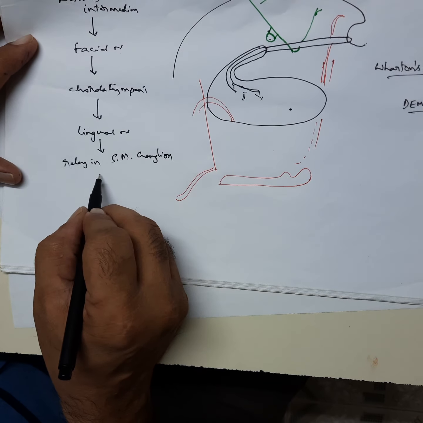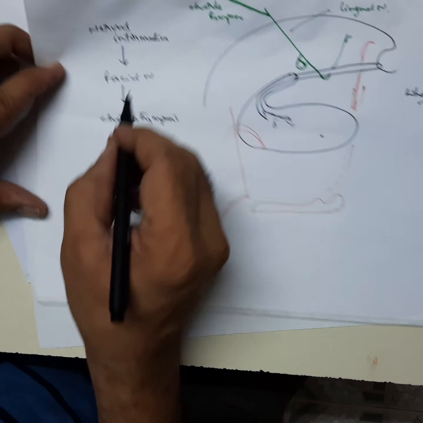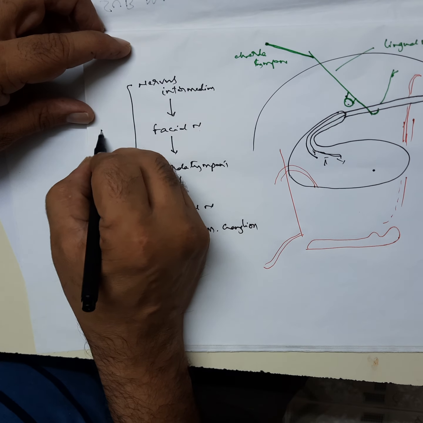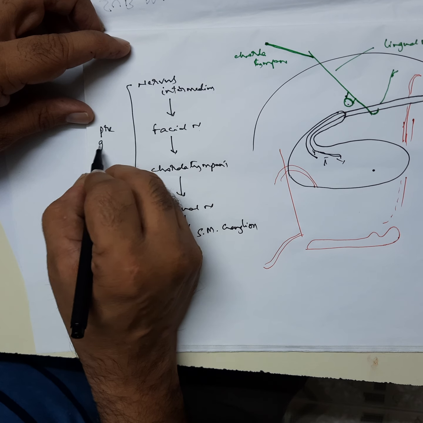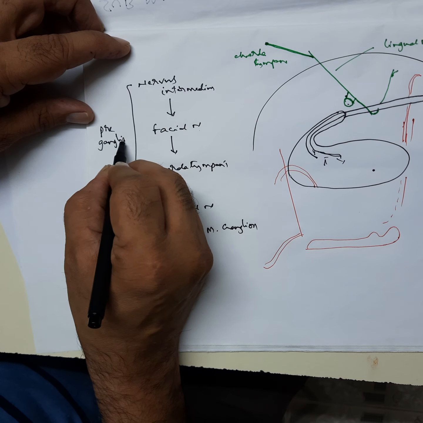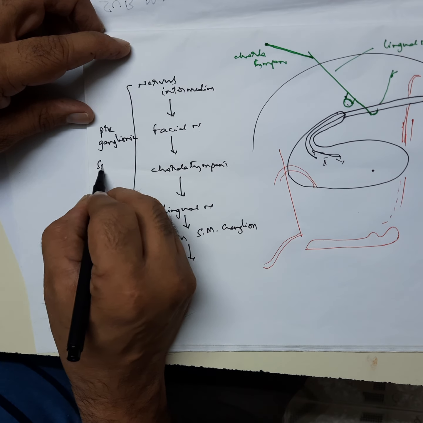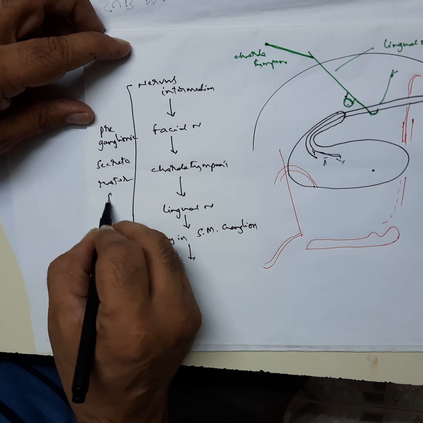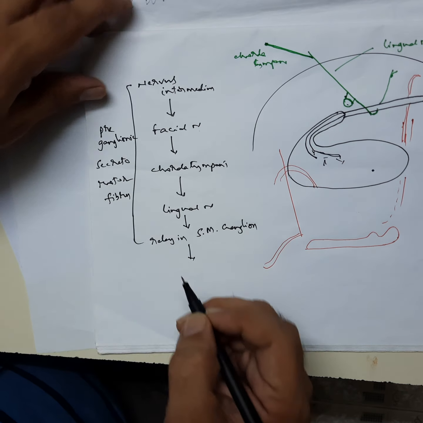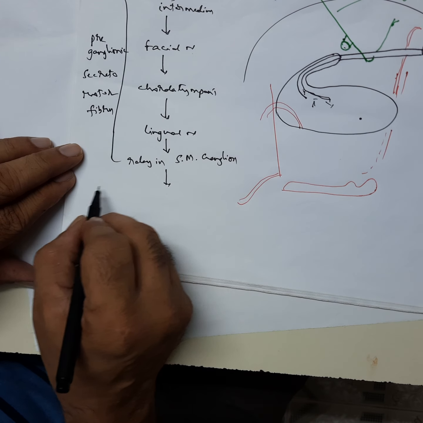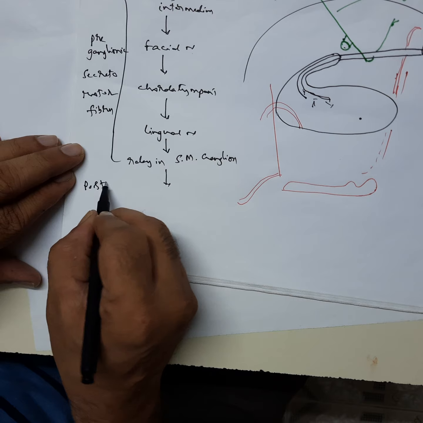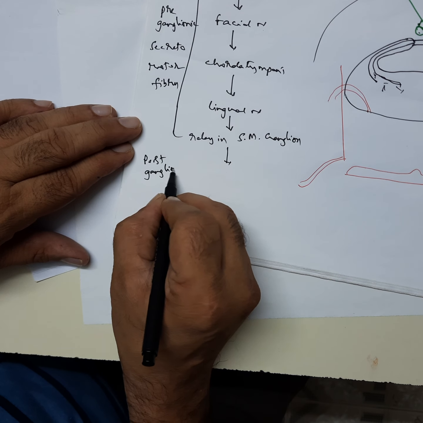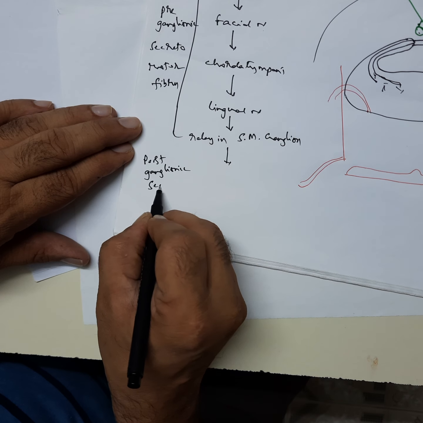Up to here they are called preganglionic secretomotor fibers. From here they will be called postganglionic secretomotor fibers.